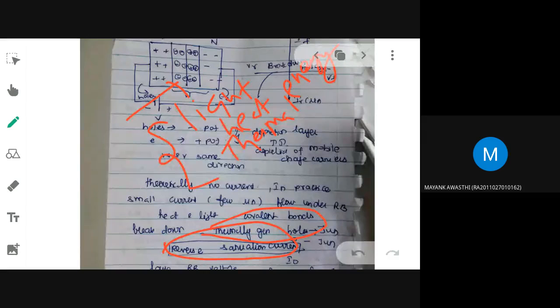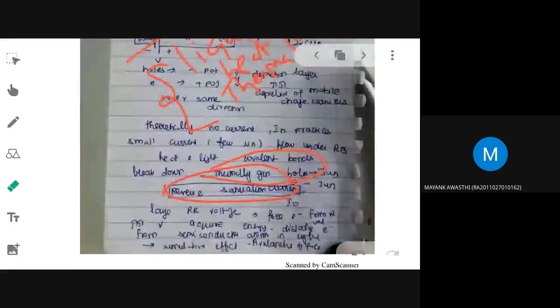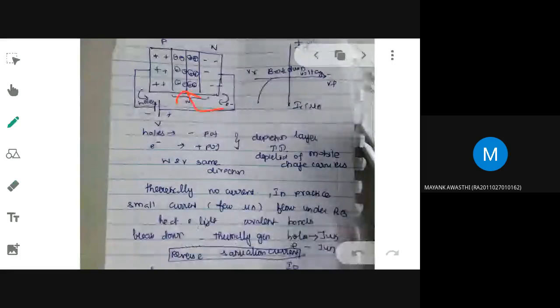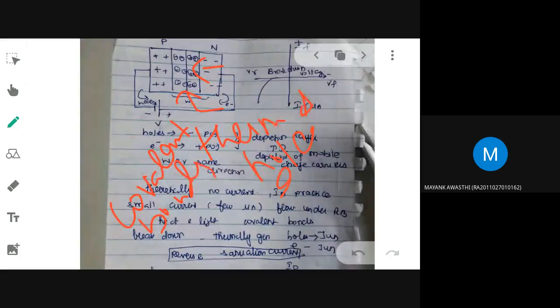These thermally generated holes and electrons will travel through this junction and hit the covalent bonds, so they will break them open. When the covalent bonds are broken open, more and more electron-hole pairs will be generated, in a cumulative effect.